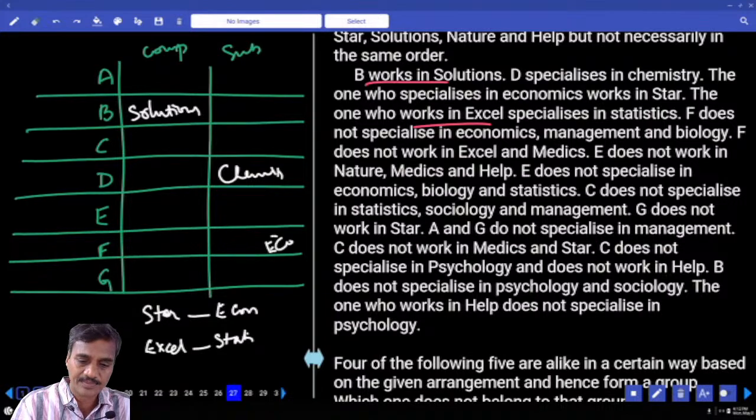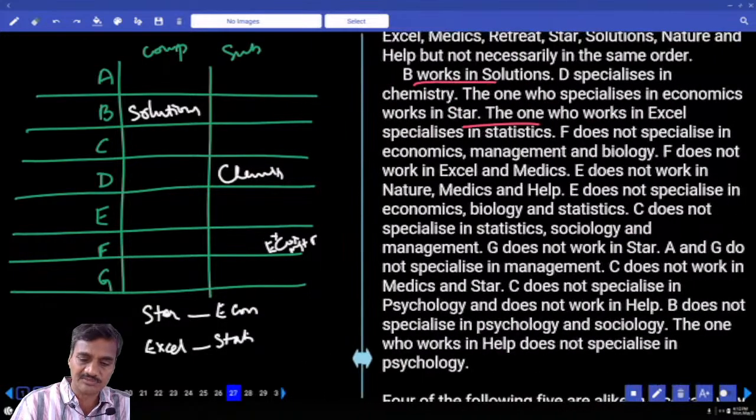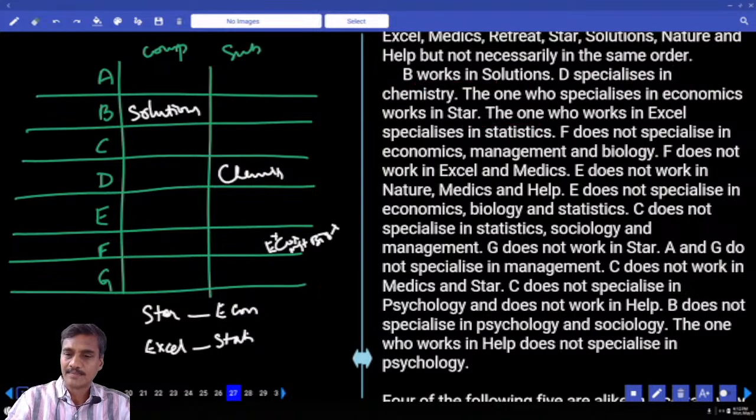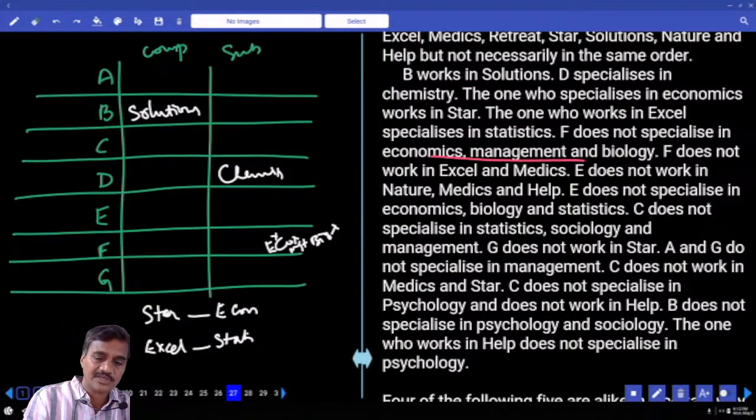F does not specialize in economics, management and biology, so those are ruled out for F. F does not work in Excel and Medics, so those are ruled out.